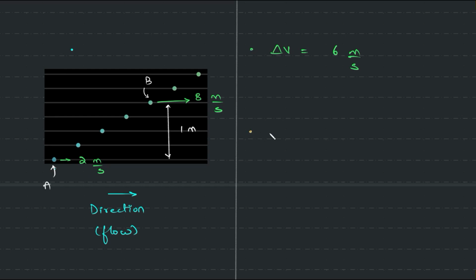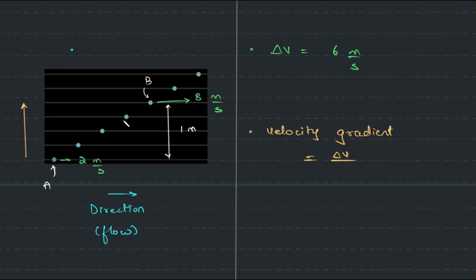So velocity gradient for this particular scenario is nothing but the difference in the velocity of particles which are perpendicular to the direction of flow. So this is a perpendicular, right? This is perpendicular to the direction of flow, right? It can be either up or down, but still perpendicular. Okay. So along the perpendicular line, you should take two particles.